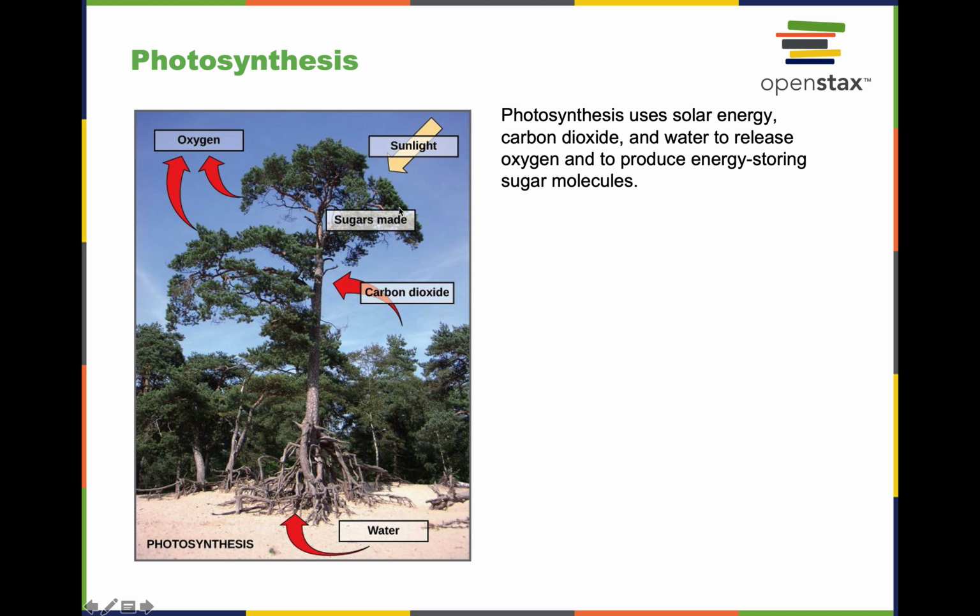Well, the plant is able to absorb the energy of light, and it fixes carbon dioxide from the atmosphere, and it takes water from the ground, and in combination of these things, through a pathway that is a series of reactions, it makes sugar, which is used as a source of energy for the plant itself, and also for those organisms that eat the plant and are dependent on it. And a byproduct of photosynthesis is oxygen.